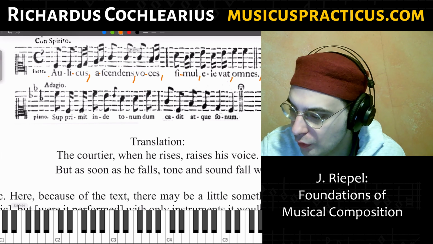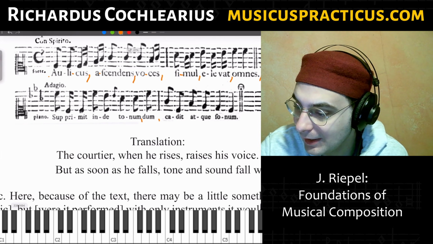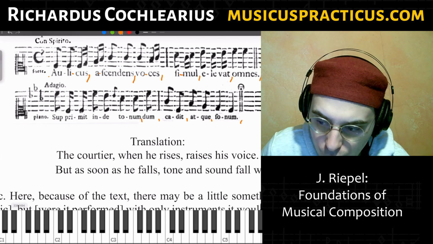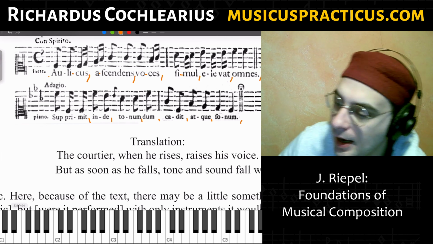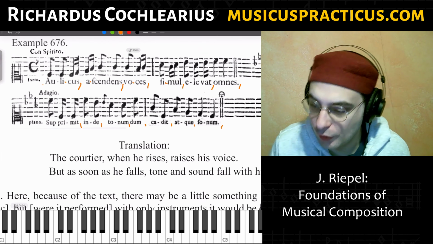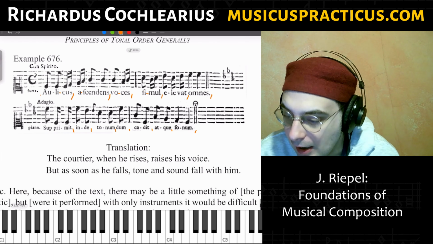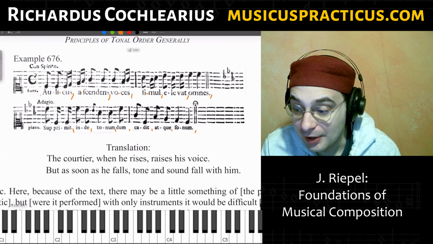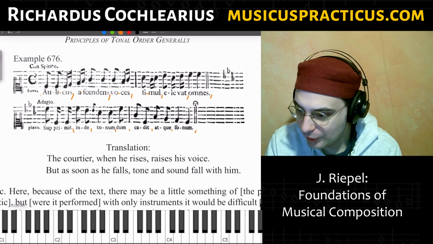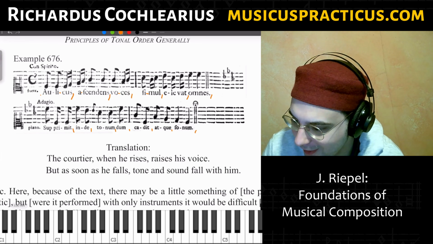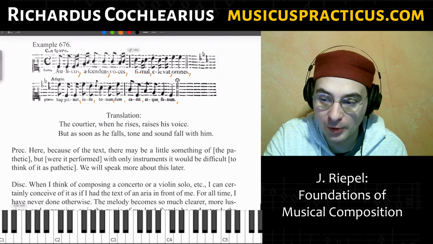So tonum dum cadit atque sonum, supprimit in the tonum cadit atque sonum. So the courtier, Aulicus, when he raises his voice, but as soon as he falls, tone and sound fall with him. What a poem.